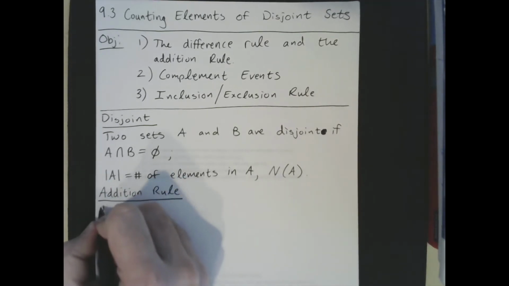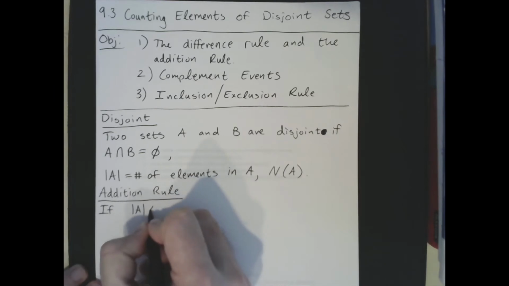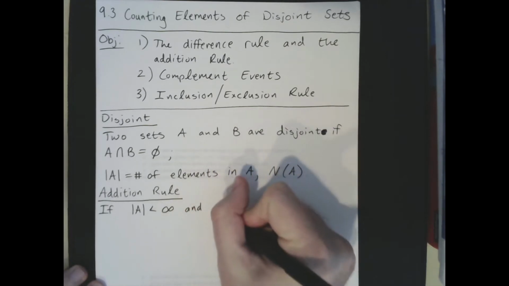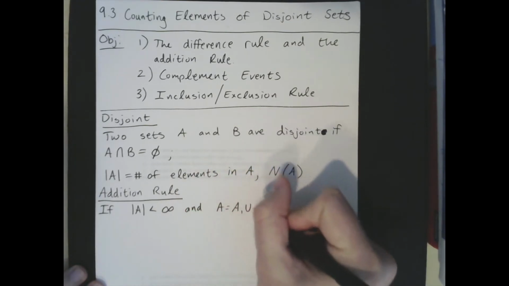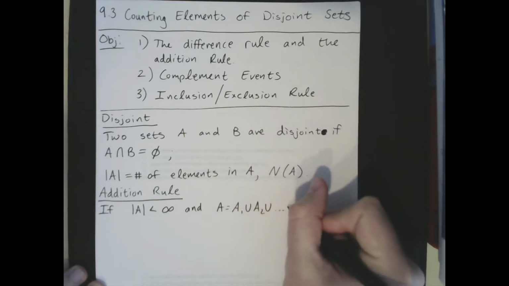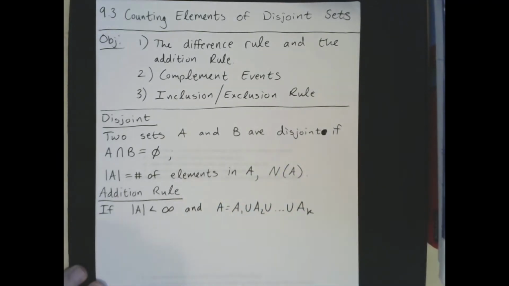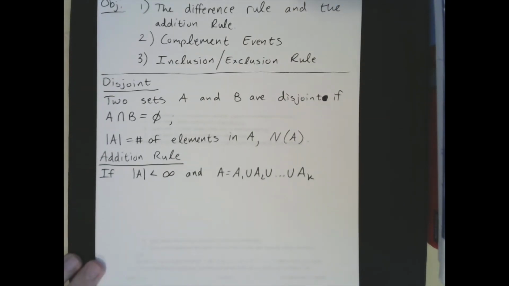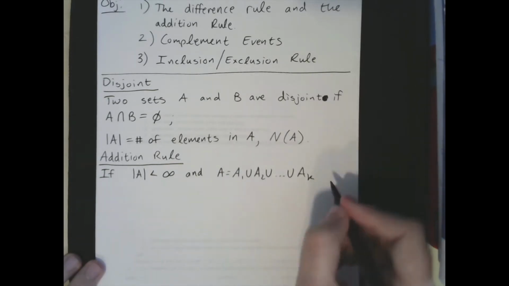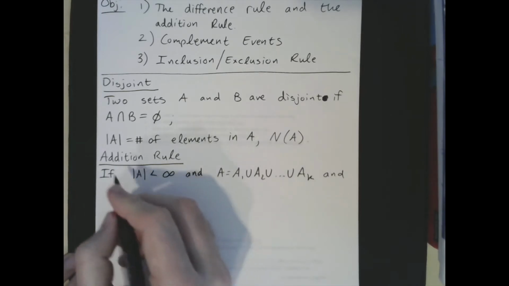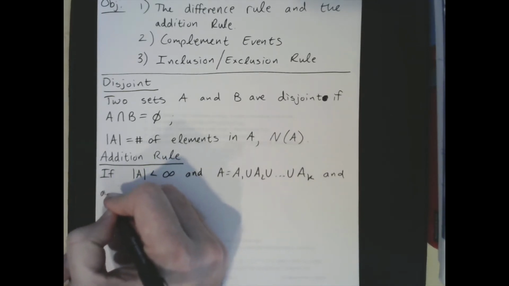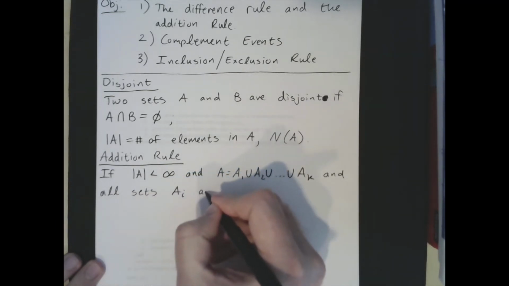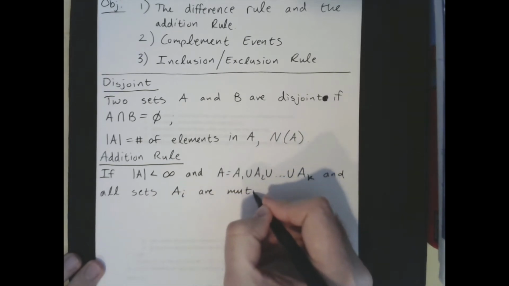So the addition rule says if A is non-infinite, so it's a finite set, and A equals A1 union A2 union ... union AK. So you can create a finite union of smaller sets that construct your largest set A. And all sets A sub i are mutually disjoint.